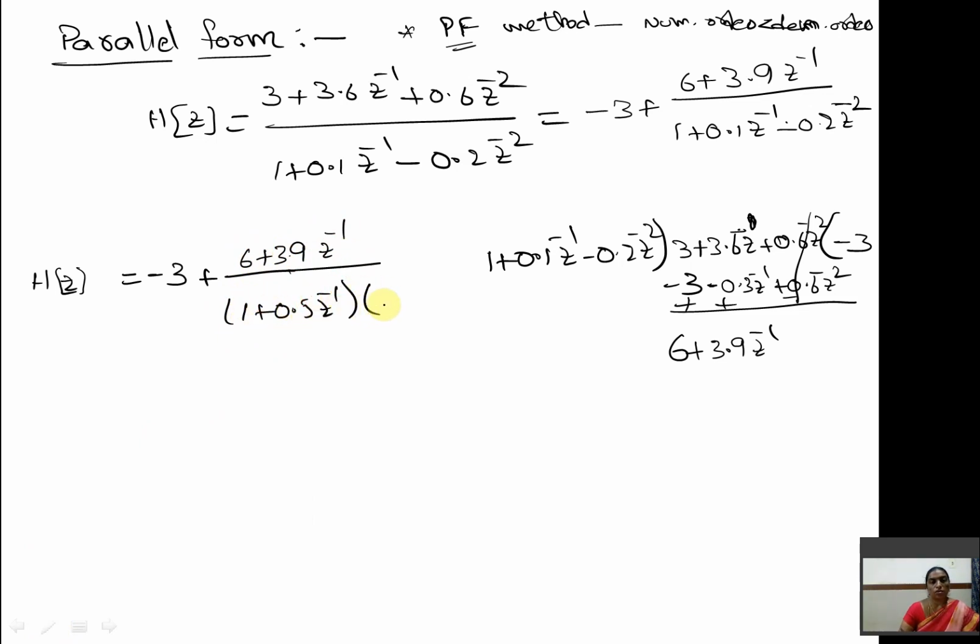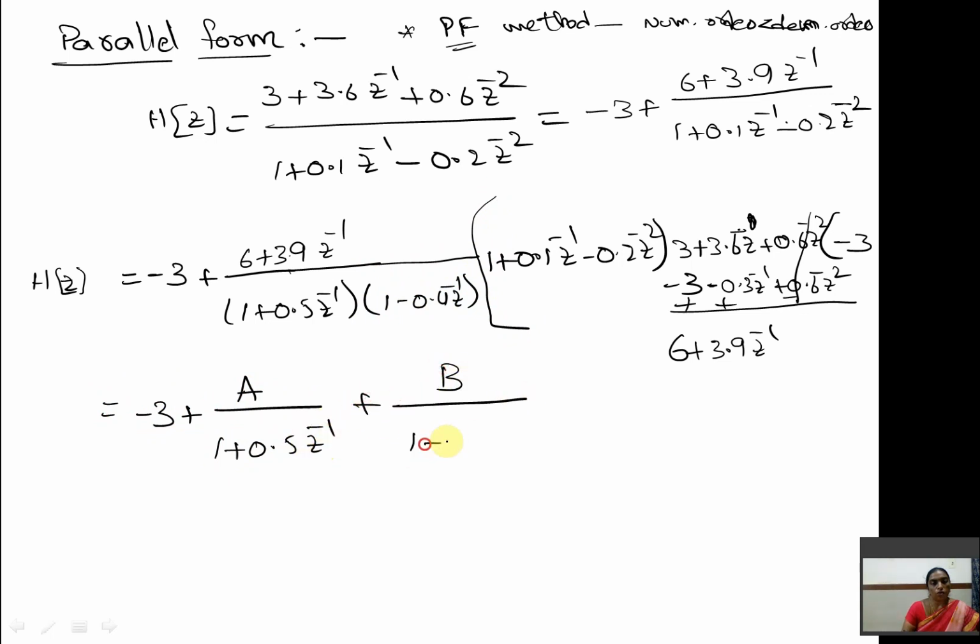In the previous case, cascade form, we have finished that one, 1 plus 0.5 z inverse, 1 minus 0.4 z inverse. Now this is equal to minus 3 plus A by 1 plus 0.5 z inverse plus B by 1 minus 0.4 z inverse. So here to calculate A, we can do 6 plus 3.9 z inverse divided by 1 plus 0.5 z inverse into 1 minus 0.4 z inverse.